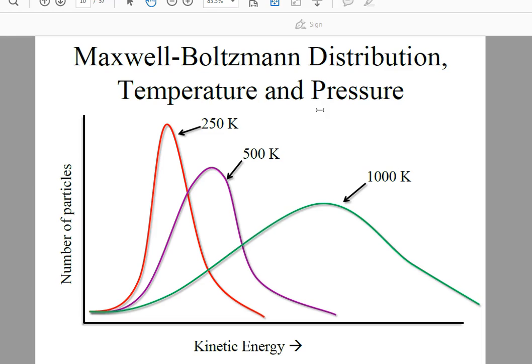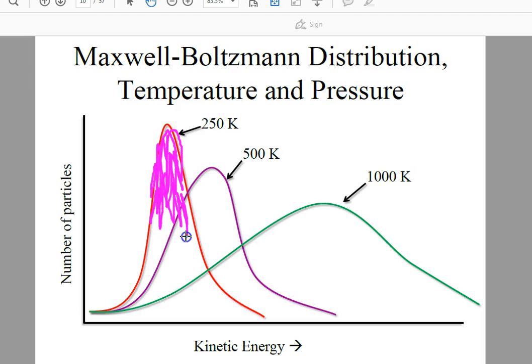Right? This graph shows us the change in energy as we change the temperature. Now, on the y-axis, we have number of particles. Let's see if I can draw on this. So everything under this curve, if you can kind of color in, shows you the particles that are at that temperature.